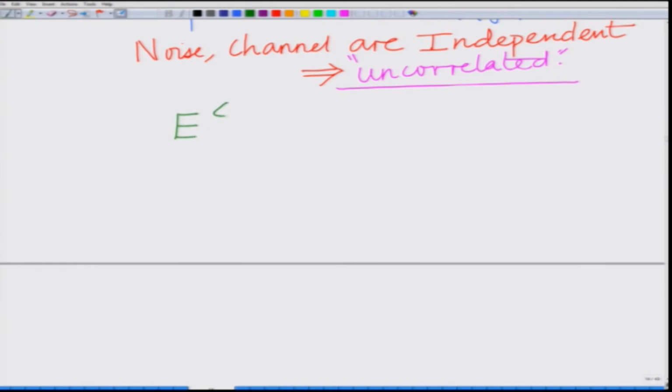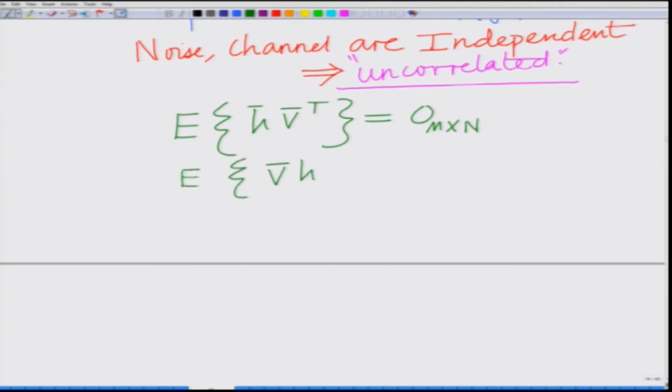uncorrelated with any noise samples, if I look at expected value of h bar times v bar transpose, this is equal to 0. In fact, this will be m cross n. Expected value of v bar times h bar transpose: remember, v bar is n cross 1, h bar transpose is 1 cross m.